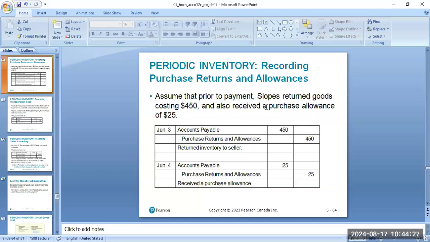Once we receive the allowance for $25, that's going to further reduce our accounts payable by $25. We're going to put those $25 in the purchase return and allowance account, so we're increasing the amount in that account.